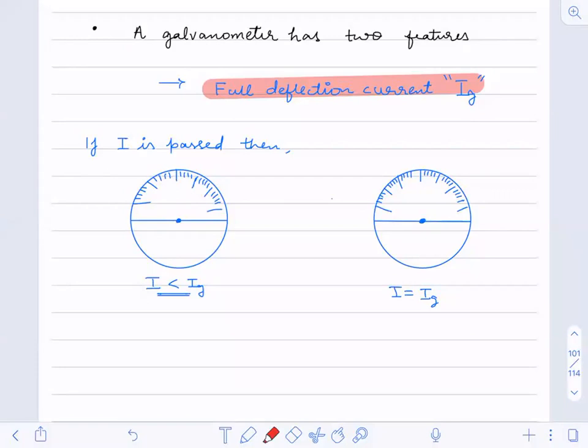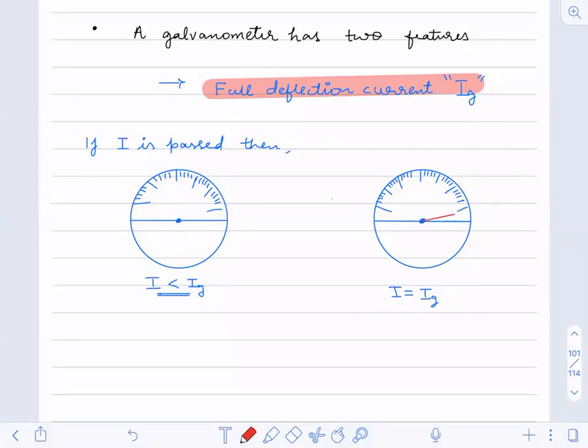Now I'm talking about this figure over here. For this figure, I have shown you the reading. Now suppose a current passes, and this needle is here.